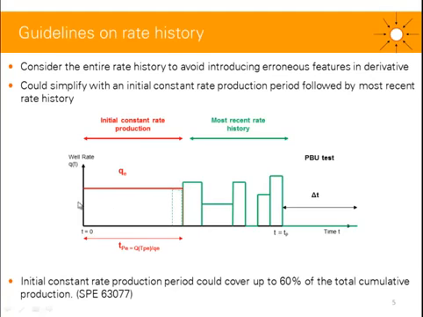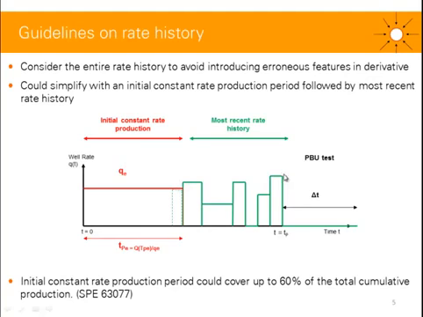This initial constant rate production could cover up to 60% of the total cumulative production. And that is coming from a study in this SPE paper, which I recommend you to read. So we could use anything between 0% of the total cumulative production before this PBU, which means we use the entire rate history, or we could use up to 60%.